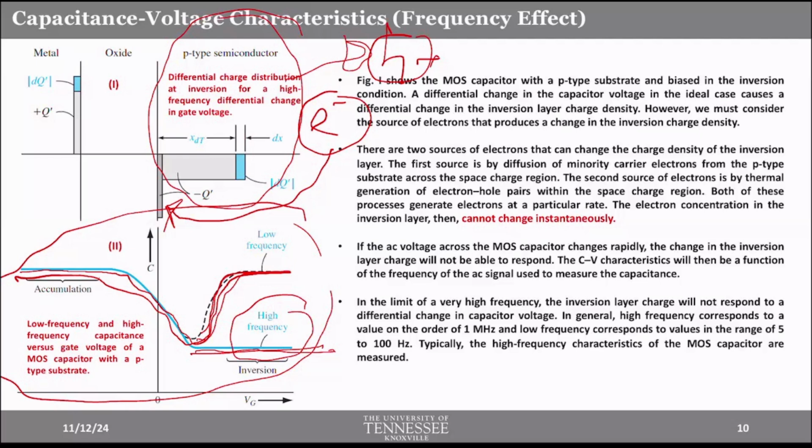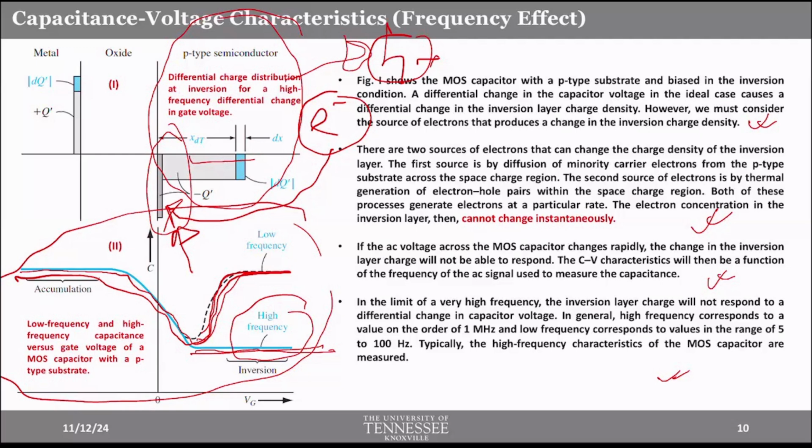And there are two things, in these notes, please. Dr. Aziz has prepared these notes. If you look at these notes, there are two sources of electrons that form the inversion layer here. One is generation: an electron gets evicted from another atom. And another one is diffusion.